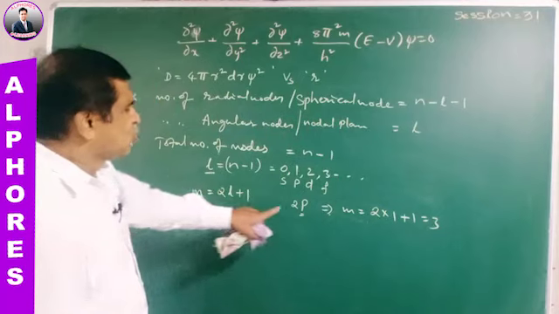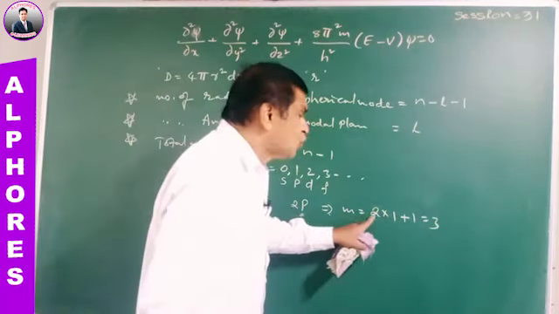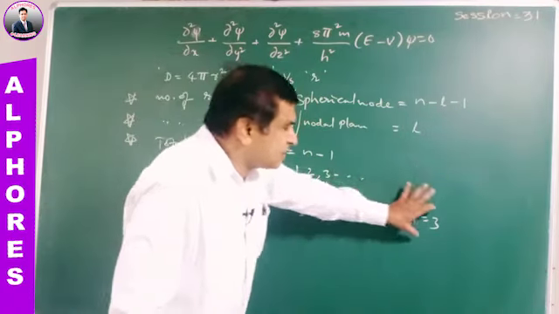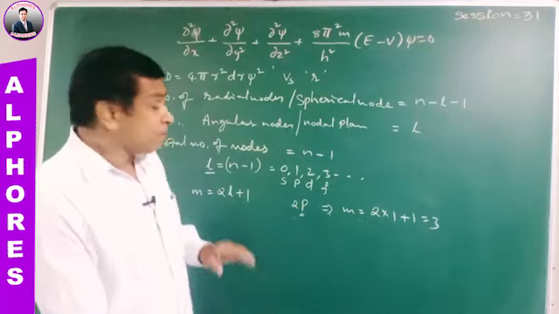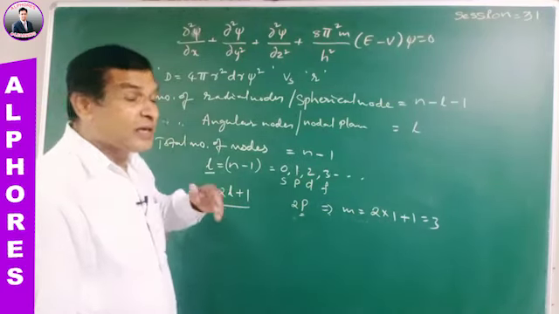Because for the p subshell, the L value is 1. So 2L plus 1 equals 3. That means the p subshell contains 3 p orbitals.